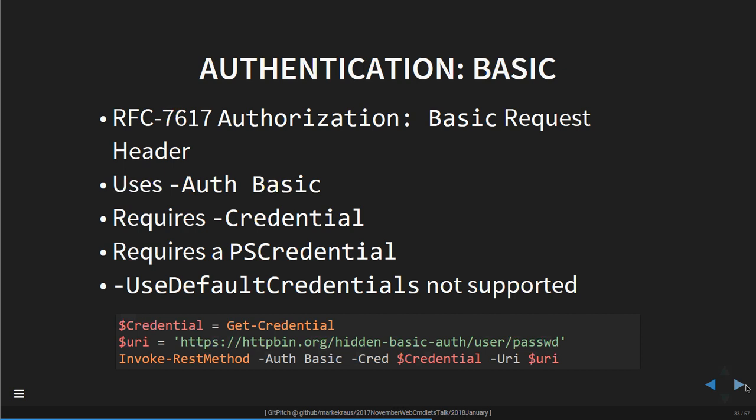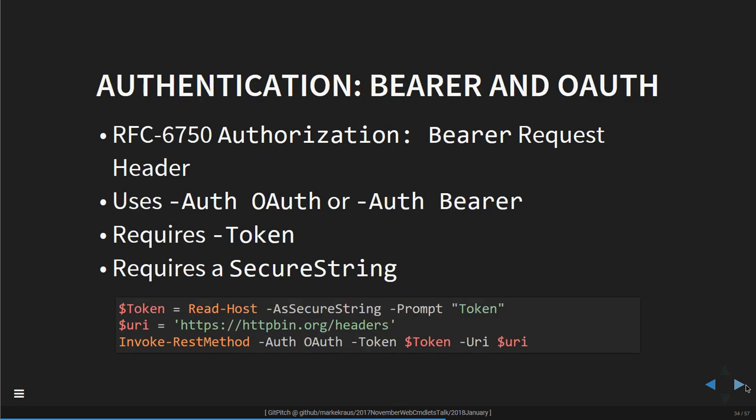At the bottom, there's a demo of getting the credentials, and then going to a URI that takes a username and password to get in, and then doing Invoke-RestMethod -Auth Basic -Cred credentials -Uri and the URI, and you would get the response from the authenticated web page without being challenged.